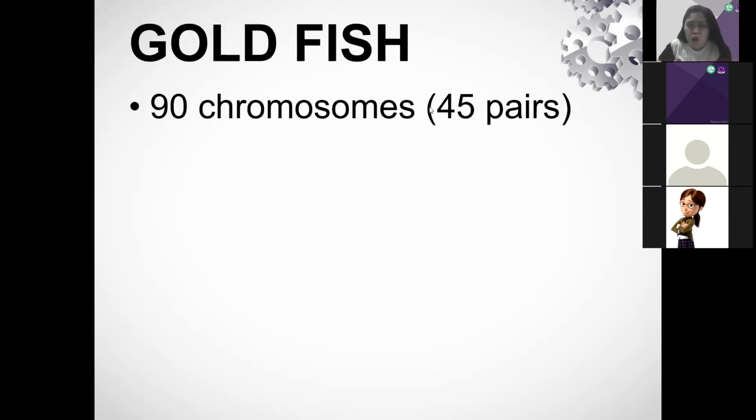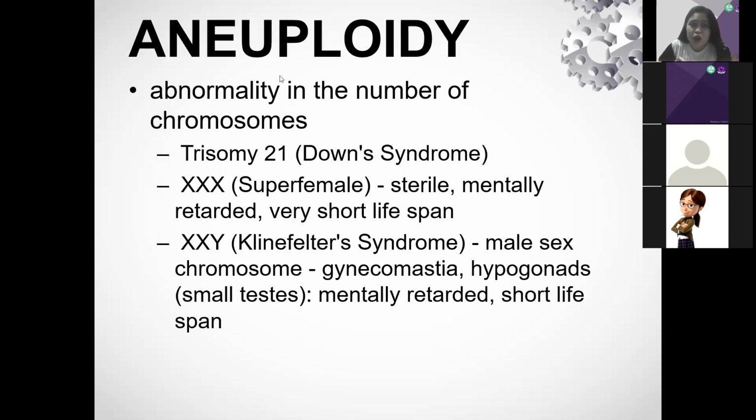Now, paano kung magka-problema with the chromosomes? This is what we call aneuploidy or abnormality in the number of chromosomes. Ito yung may problema, diba 46 chromosomes lang tayo or 23 pairs. Sila may dagdag, may kulang. Or mostly, actually, may dagdag na chromosomes. So ito yung trisomy 21 or what we call the Down's syndrome. So do not call them, anong tawag?